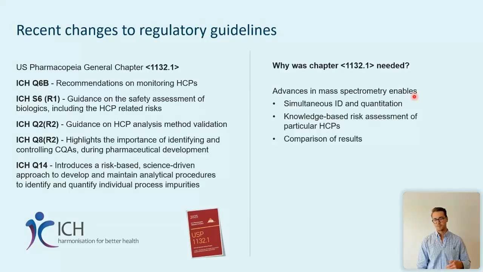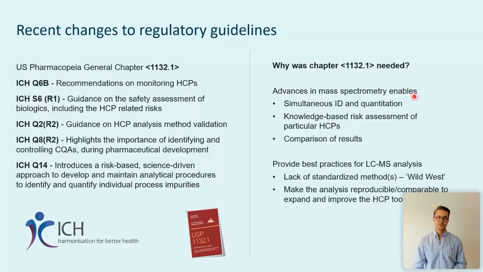This is what primarily is driving this, with these benefits of LC-MS analysis. But LC-MS has been a little bit like the Wild West because of the vastly different quantitation methods, but also the very different instrumentation approaches which can be used. So there's been some need for standardization to make this analysis robust and comparable. And that's more or less what USP 1132.1 set out to do.